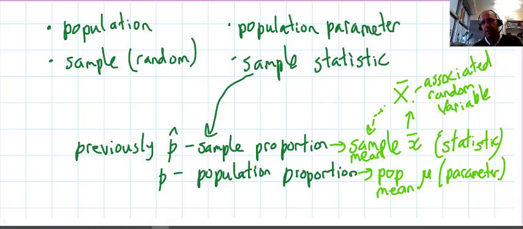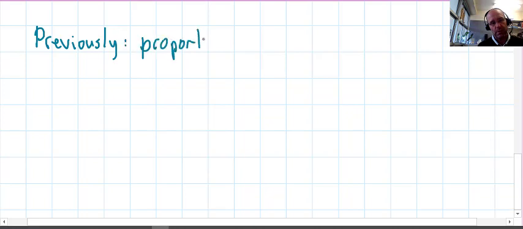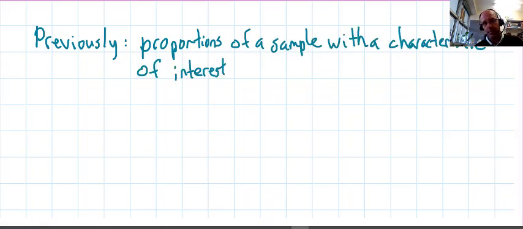So previously we would look at proportions of a sample with a characteristic of interest to us.